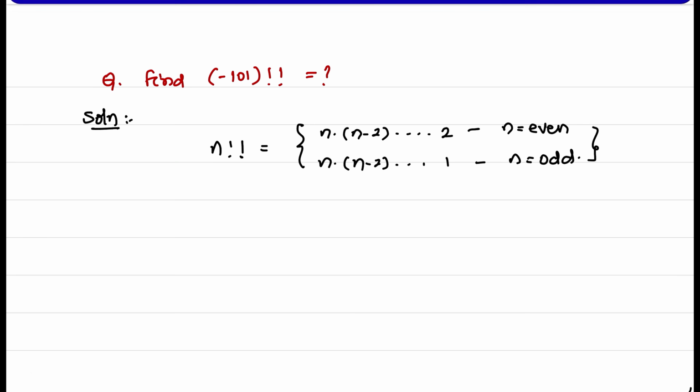This is the meaning of the double factorial of any number n.